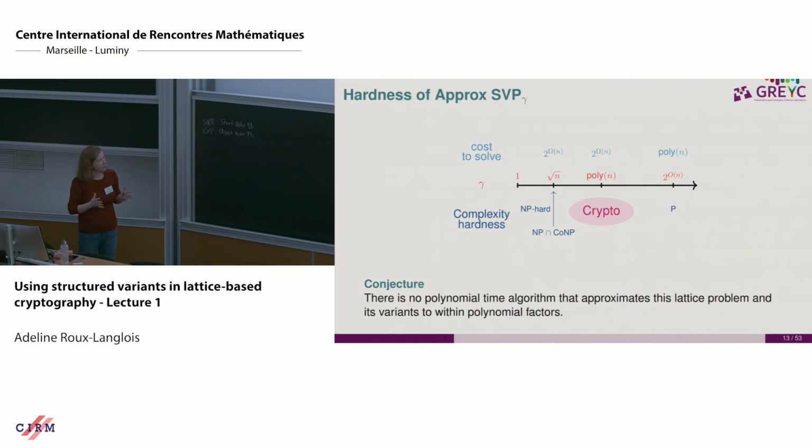So when we say polynomial, it's in the dimension of the lattice. And that's from where we start, from this assumption, that those problems are very hard for polynomial approximation factor. Okay. For now, it's all good? Perfect.